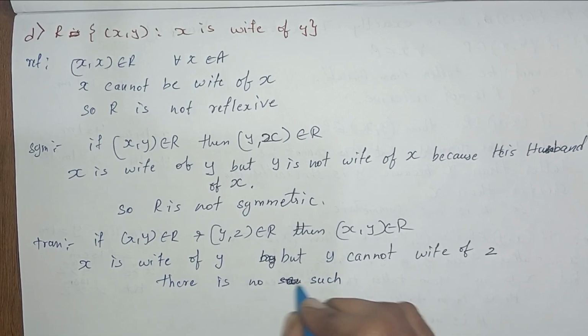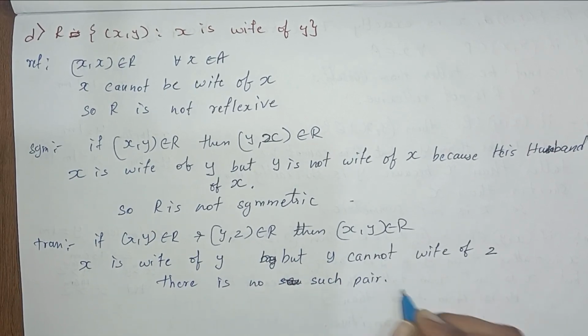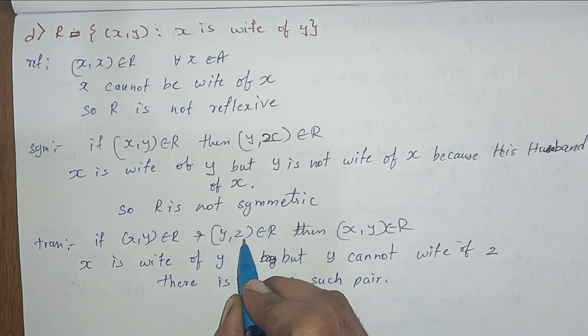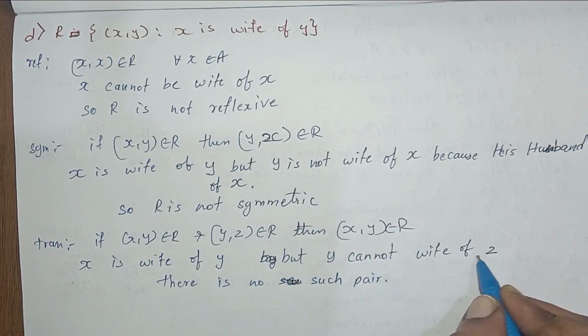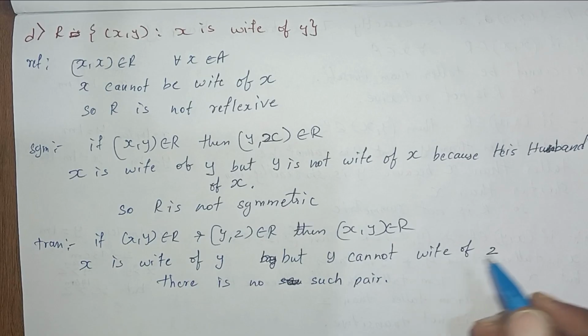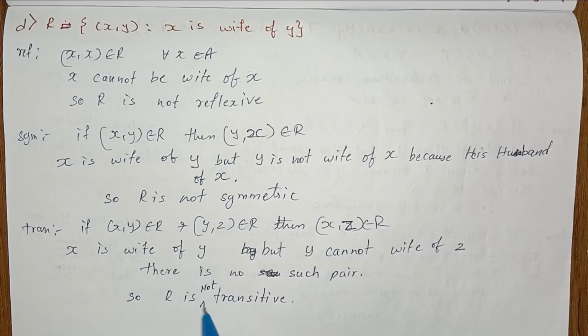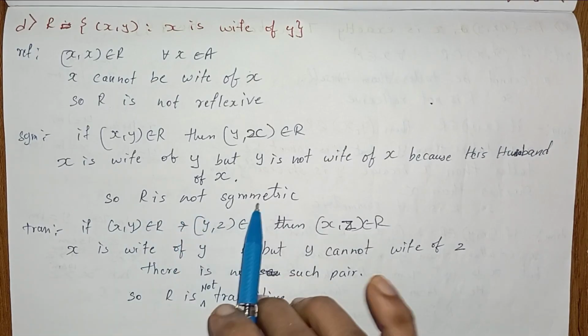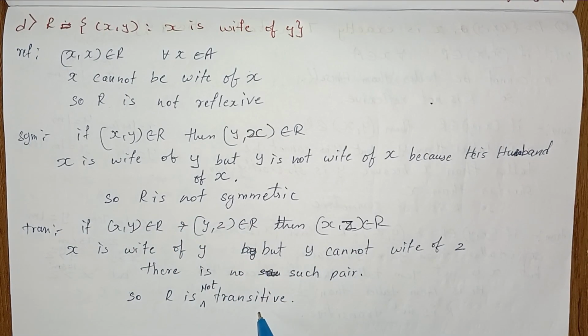You cannot have y comma z because y cannot be a wife of z. Like your father cannot be a wife of another person. So there are no such pairs. So R is not transitive. So in this question we have proved that R is not reflexive, nor symmetric, nor transitive.